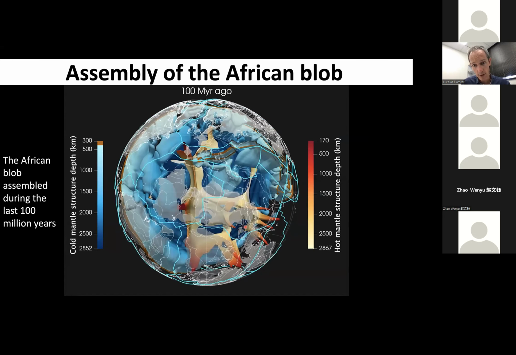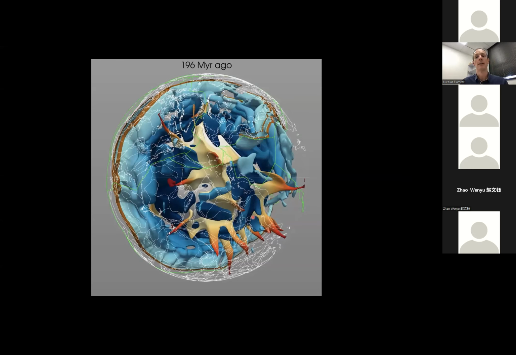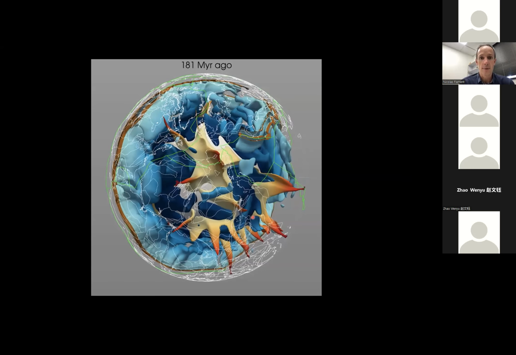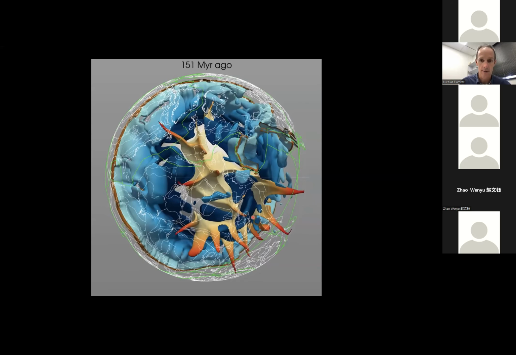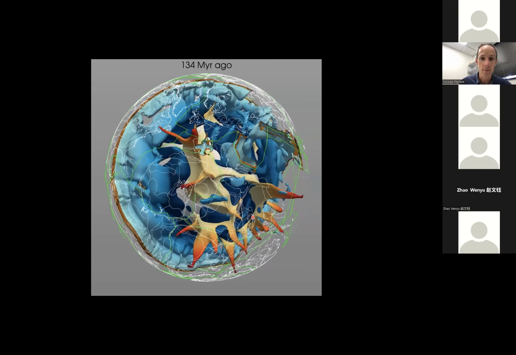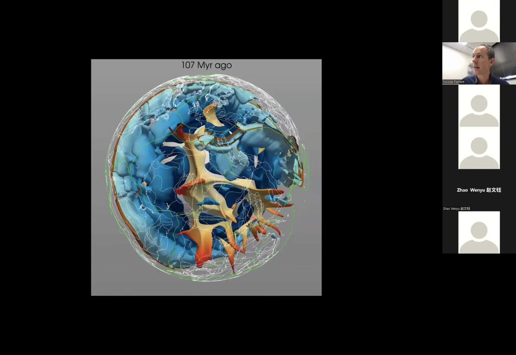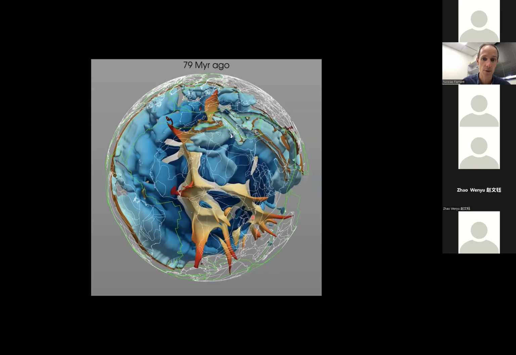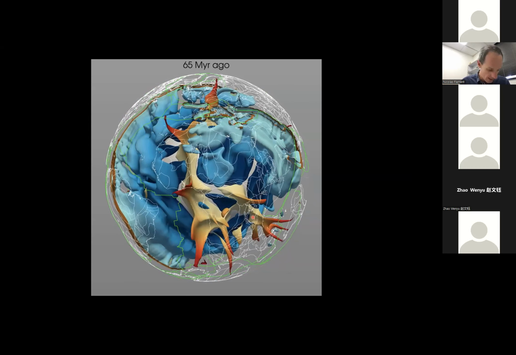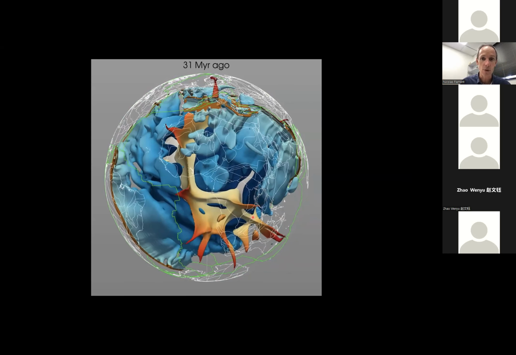But in the south here, I think there's still a raft that comes from that. And that's why in our results, we don't get a coherent African blob before. We tested a large number of models, and it comes together systematically in the last 100 million years or so.